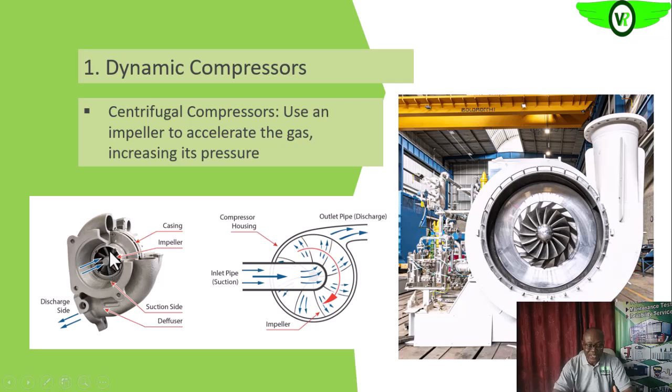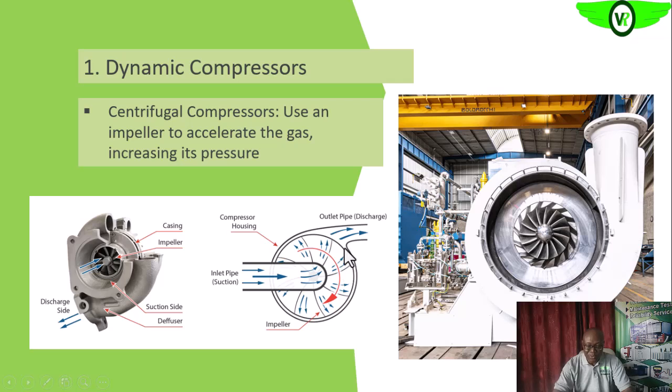So that gas molecule, as you are seeing here, since the impeller is turning, it will accelerate the gas molecule. As it leaves the impeller, it will be leaving with increased kinetic energy, which means that its velocity will have been increased by the impeller.